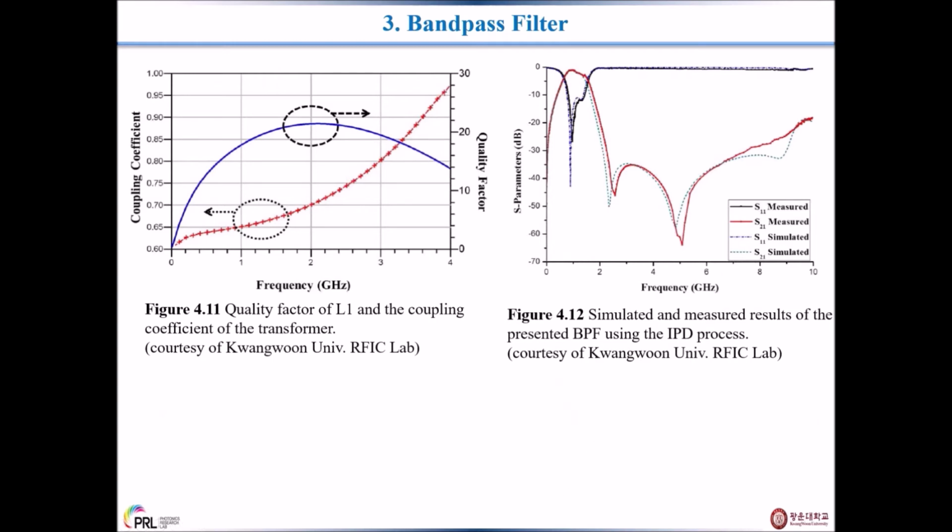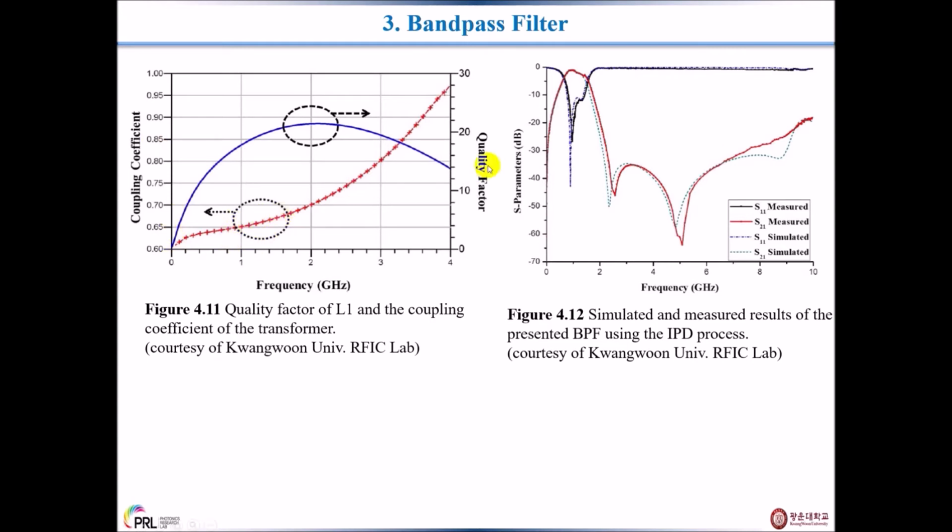Here in this graph, we can see that the fabricated device shows that the different type of transformer has a coupling coefficient of around 0.658 at 900 megahertz. Here we can see the frequency range, and this is the coupling coefficient, around 0.65 at 900 megahertz.